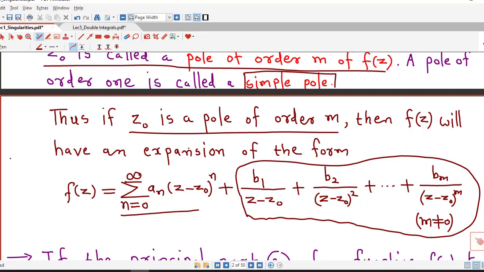If the principal part contains m non-zero terms, then z0 is called a pole of order m, or equivalently, if z0 is a pole of order m, then the principal part will contain m non-zero terms. So we have the last term as bm divided by (z minus z0) raised to m, where bm is non-zero.